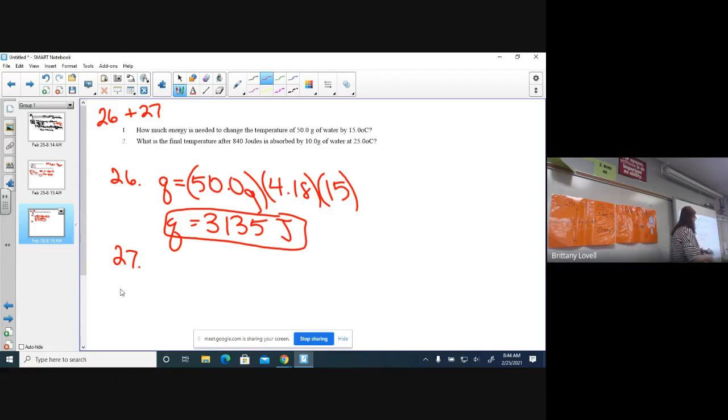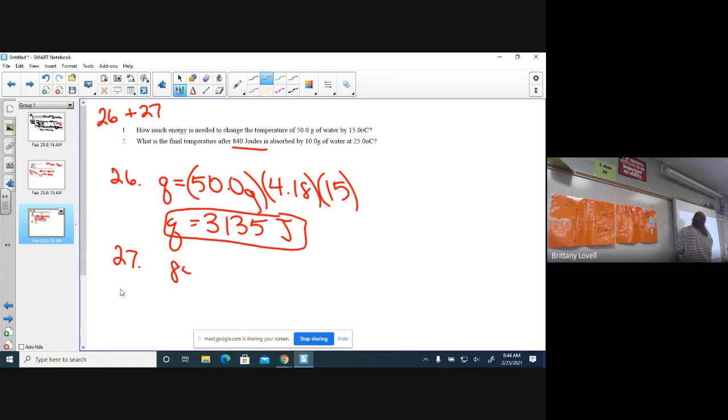Okay. All right. 27, what's the final temperature after 800 joules is absorbed by 10 grams of water at 25 degrees Celsius? So they're looking for TF this time, right? But they give you the joules. So where's that going to be in this equation? The Q, right?